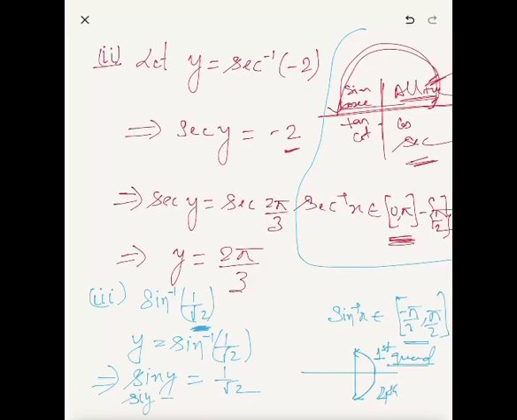Sin y is equal to sin pi by 4. This implies y is equal to pi by 4, okay? I hope you got it, okay? So let us move on to the second question, okay?